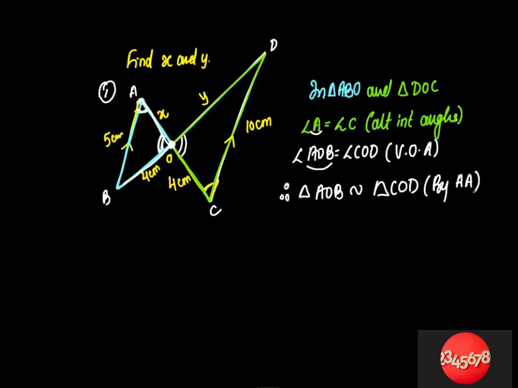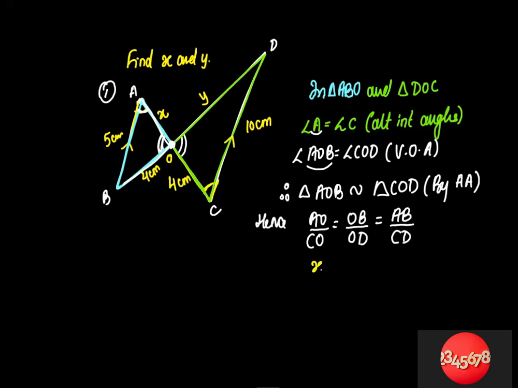angle. Hence, if two triangles are similar, AO upon CO, OB upon OD is equal to AB upon CD. If two triangles are similar, then their sides are proportional. So put the values.